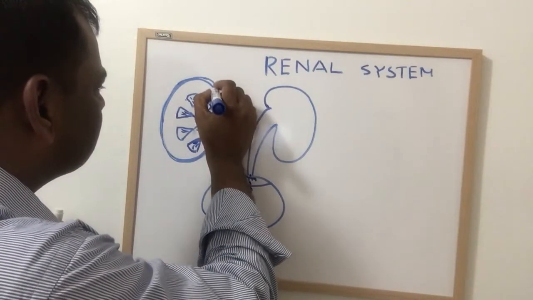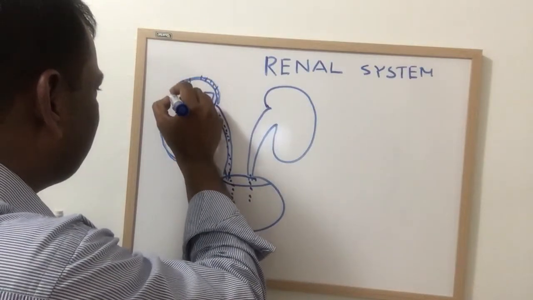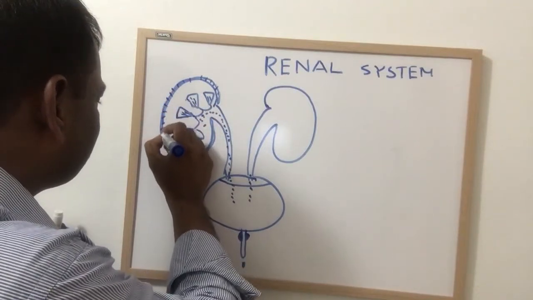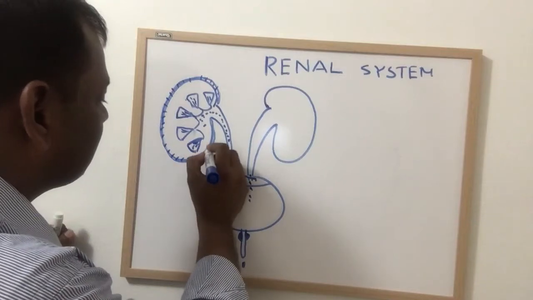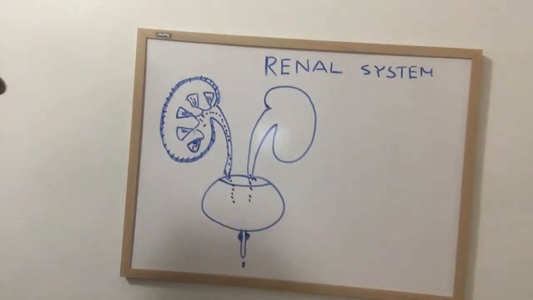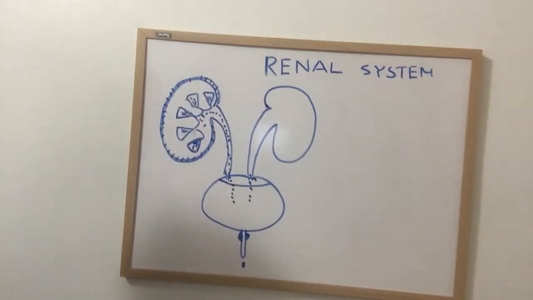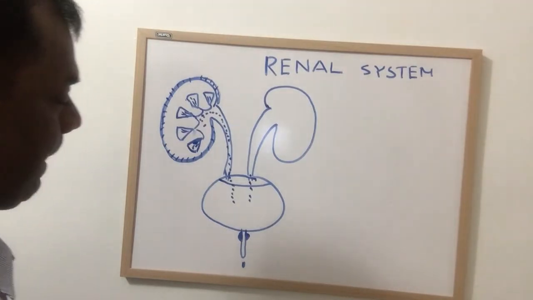Of course, this lining has a very high density of pain receptors, called nociceptors. So the nociceptor is the pain receptor, and this area is very painful if there is any trauma or pathology.